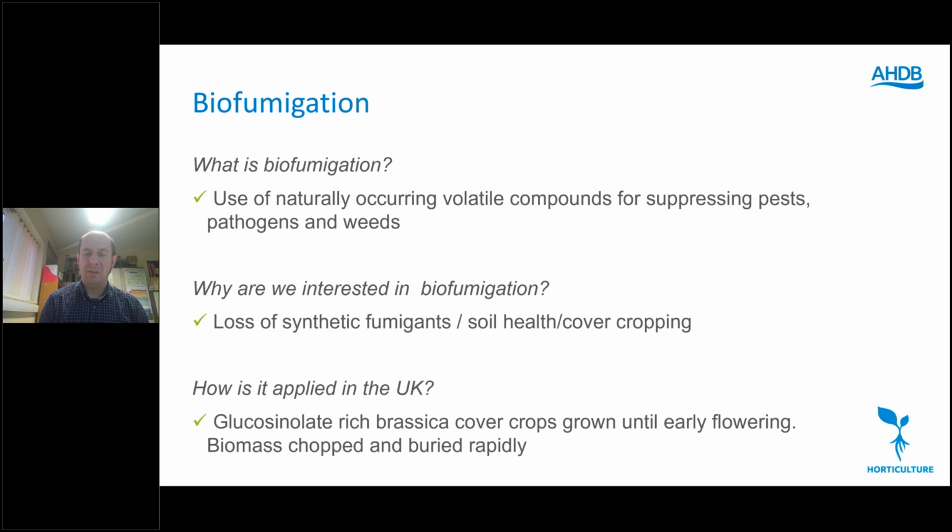These consist of crops like Indian mustard and oilseed radish, and these are grown till they reach early flowering where the chemistry is at its maximum, and then the biomass is chopped and bruised as much as possible before being buried, and ideally that material should be buried into moist soil.